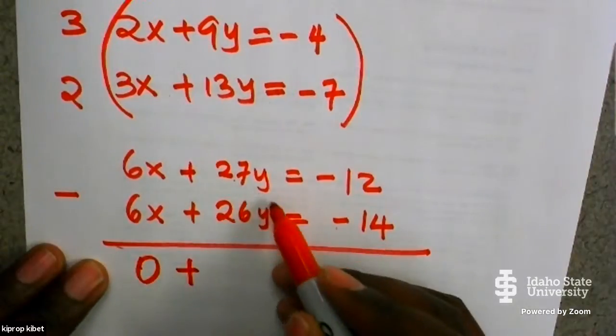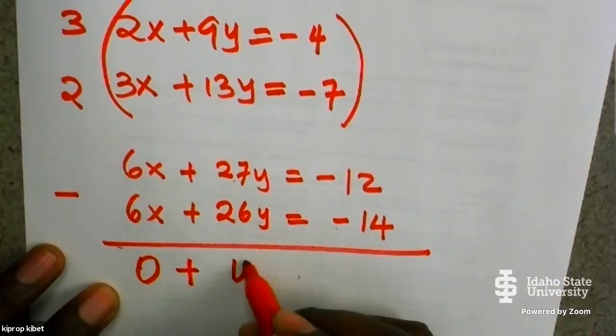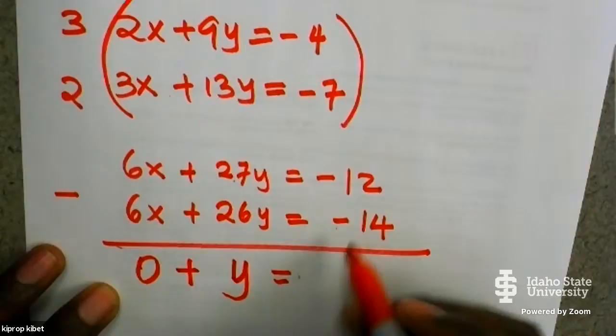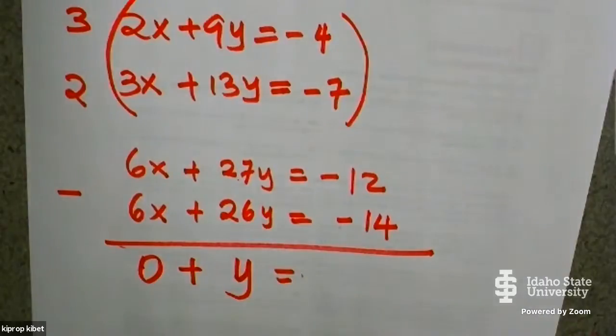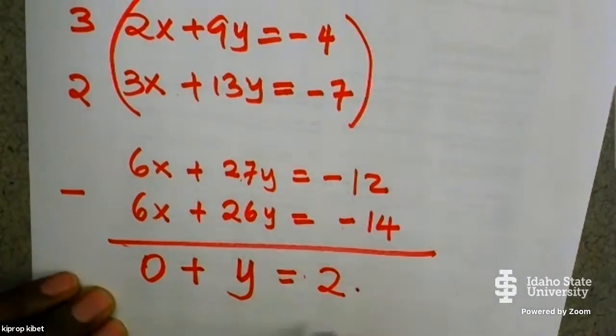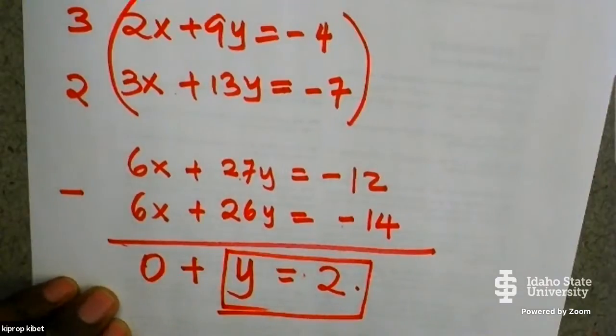Plus 27y minus 26y is y, which equals to minus 12 minus minus 14. So it will be minus 12 plus 14, which is 2. So y equals to what? y equals to 2.